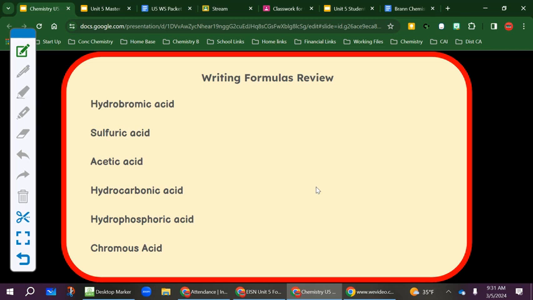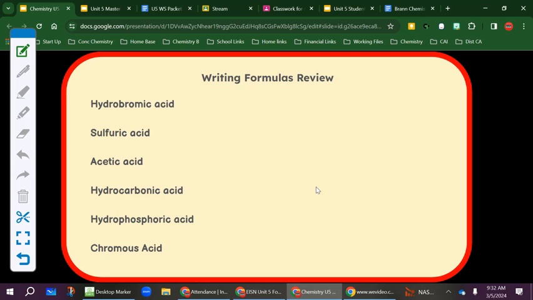Okay, but you read the wrong polyatomic. Your thinking is correct, because there's two. Chromous would be from chromite.